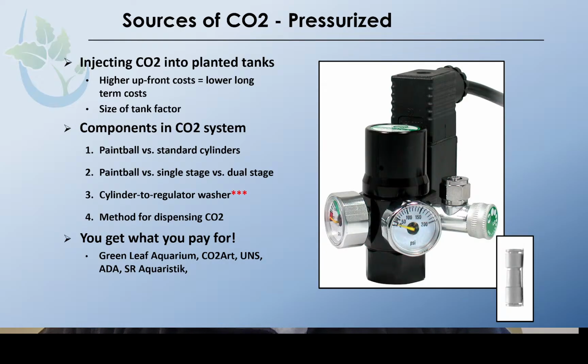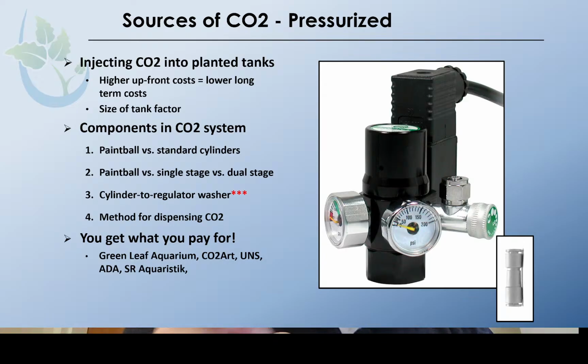I've had that happen. None of my regulators are single stage anymore. I think that one is the only one I have left, and I don't use it. The dual stage has a mechanism that prevents the pressure from dropping below a certain amount on the regulator itself, so it can't open up the valve all the way.